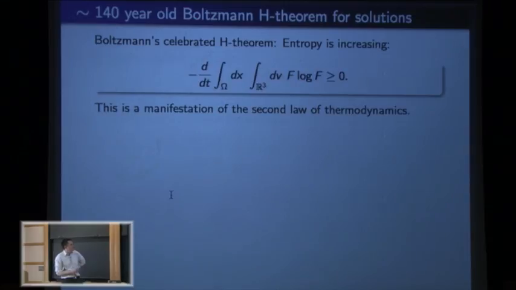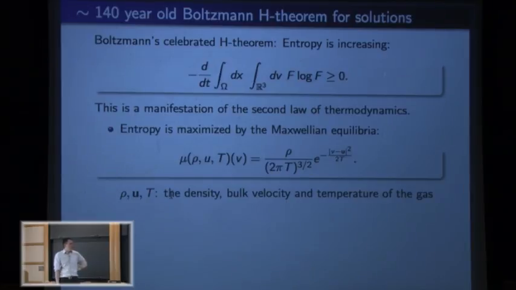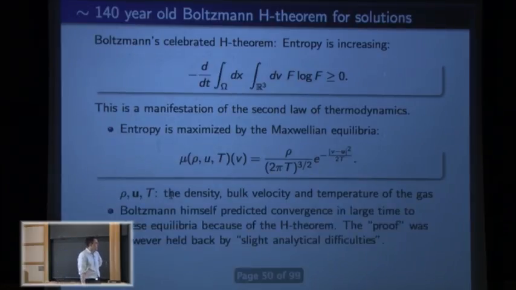And you also have this 140-year-old Boltzmann H theorem for solutions, which I put the correct minus sign in front of, and then you get that entropy is increasing, and this is related to the second law of thermodynamics. And the entropy is maximized by the Maxwellian equilibria, and Boltzmann himself predicted convergence in large time to these equilibria for solutions to the Boltzmann equation.